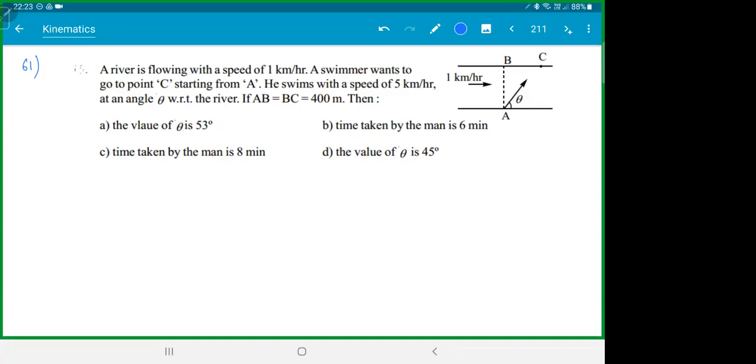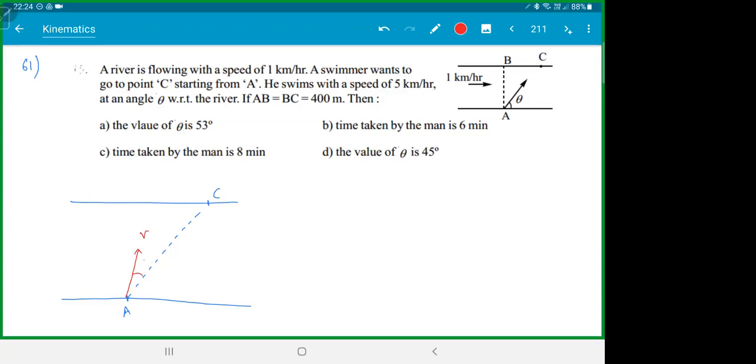Let's understand the diagram. You want to go along the line AC. That means you're actually swimming at some angle like this.